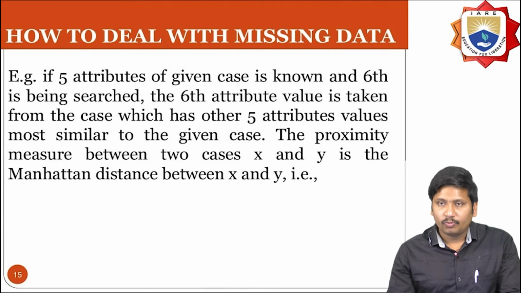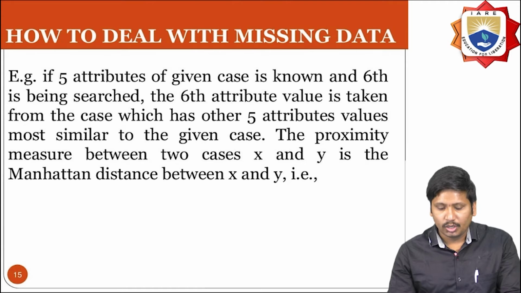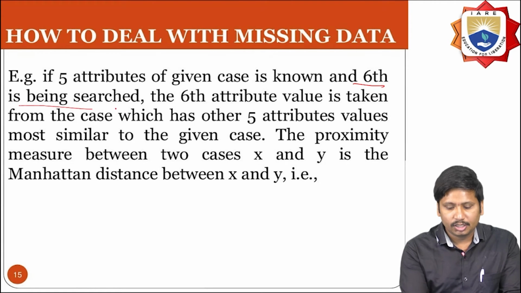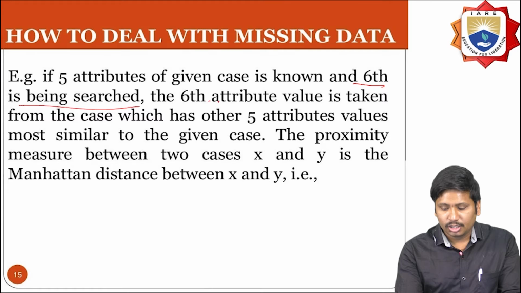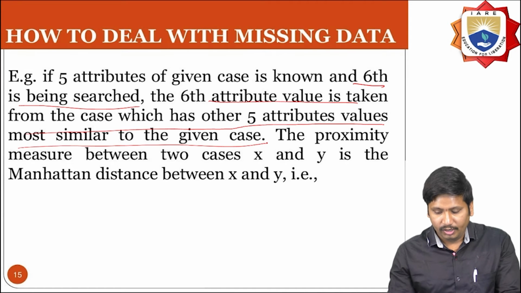I'm taking one more example here. If 5 attributes of a given case are known and the 6th attribute is missing, the 6th attribute value is taken from the case whose other 5 attributes are most similar to the given case.